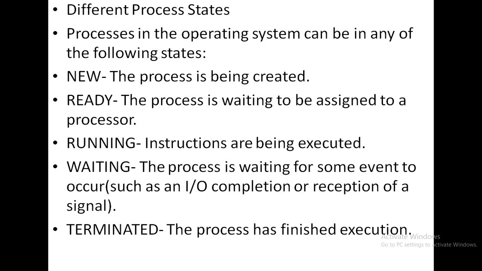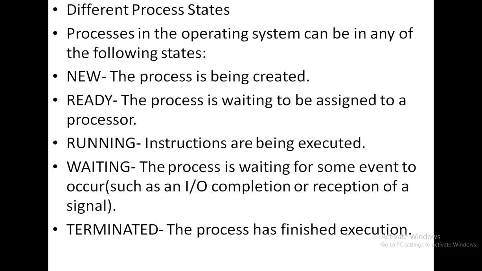Next is the running state. Instructions are being executed. That means the process which is being executed by the processor is in the running state. Waiting state: the process is waiting for some event to occur, such as input and output operations.